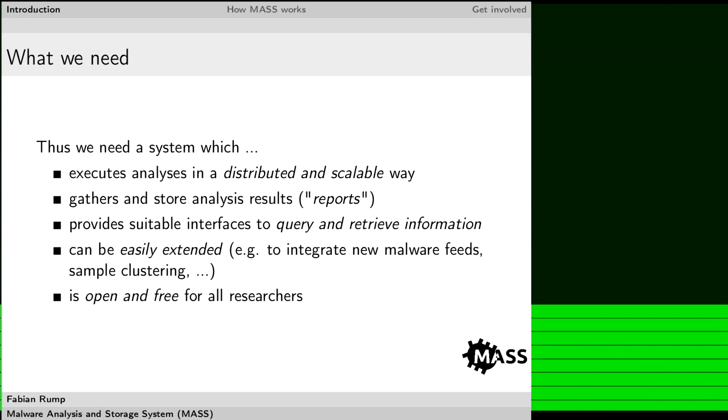We want a system that could execute those analyses on different tools in a distributed and scalable way, and to gather the reports and store them in a way that is easily accessible, queryable by other researchers that want to gain information and intelligence from the system. And of course, malware is changing a lot.